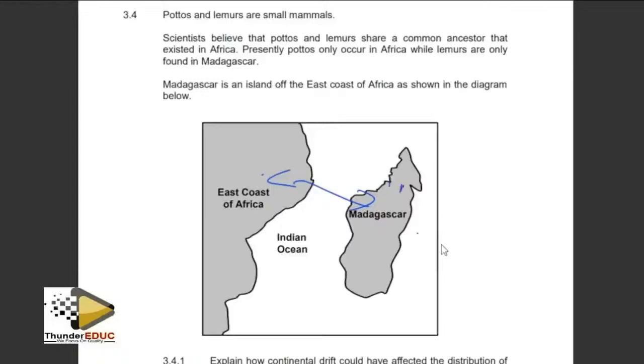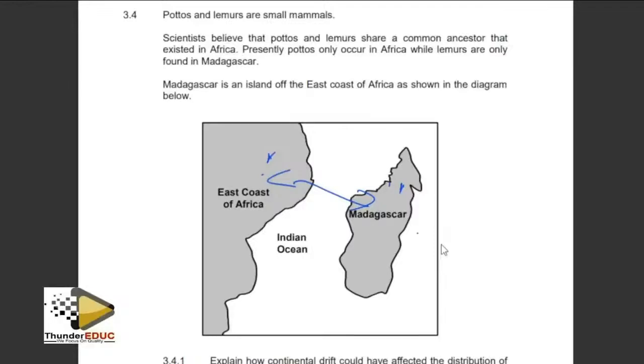Whereby these 2 experience different environmental conditions. Are we together? Because they experience different environmental conditions, natural selection occurred differently. Oh, someone is asking me about punctuated equilibrium. I will come to it, I'm going to explain it.